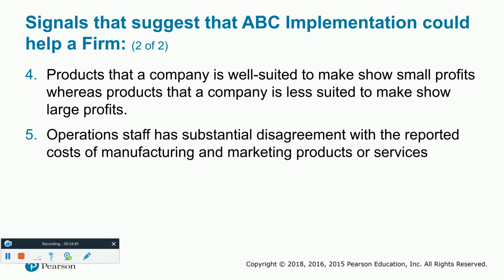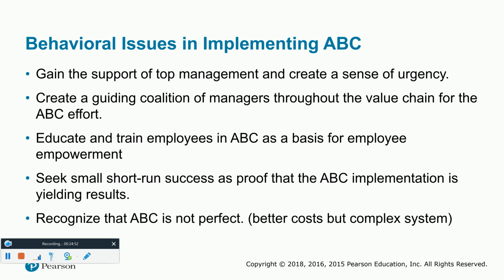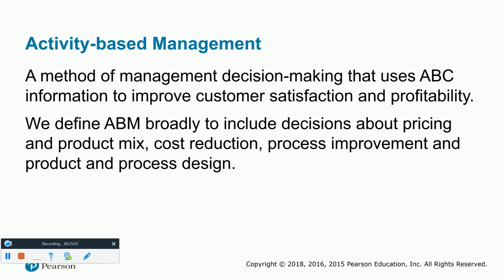Certainly ABC implementation will help us at the end of the day. All right, and once again, I need to keep saying it's not perfect, but certainly it is a better way to allocate costs. You're getting a little bit closer to the truth. And when we use an activity-based costing system, the method of management decision-making when this is implemented is called activity-based management.